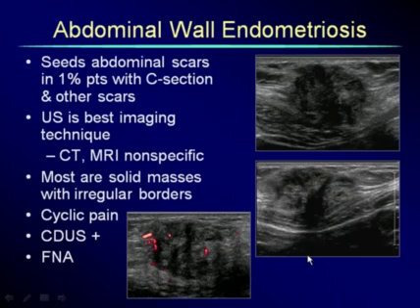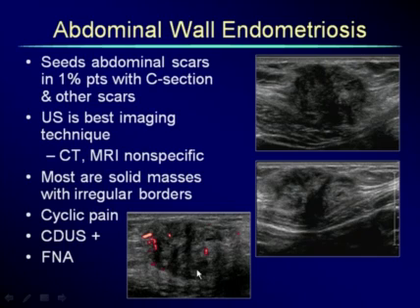But abdominal wall endometriosis sometimes is a little more complicated, because it can look like a very ugly, irregular, solid mass in the abdominal wall. And people who have no experience with this may think this is some kind of malignancy, like sarcoma.